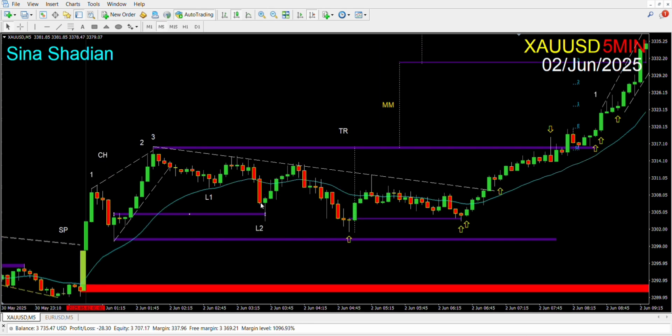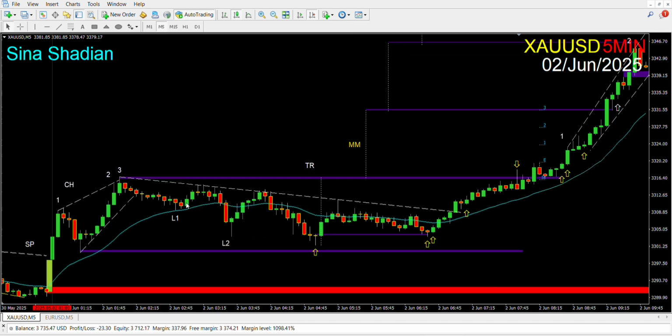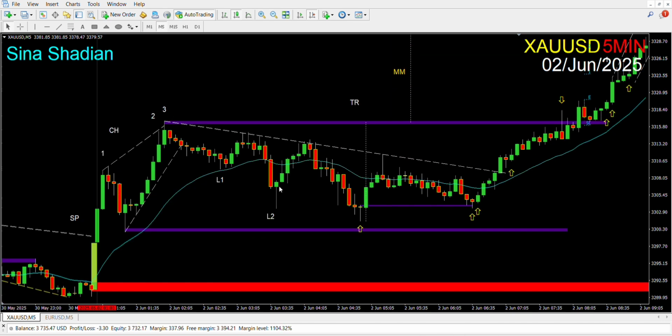What happens here is that after the channel breaks from the downside, market enters into the trading range and also creates a bearish channel, which is also a type of trading range. And after breaking from above, market rallies upside.